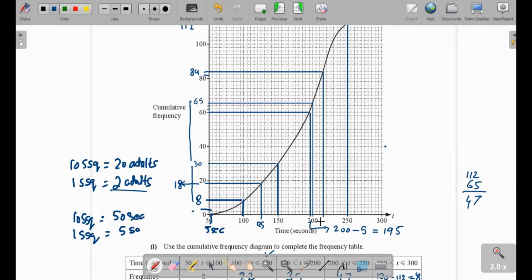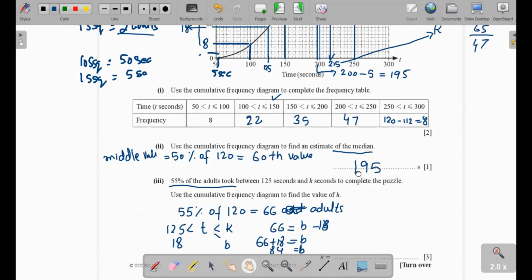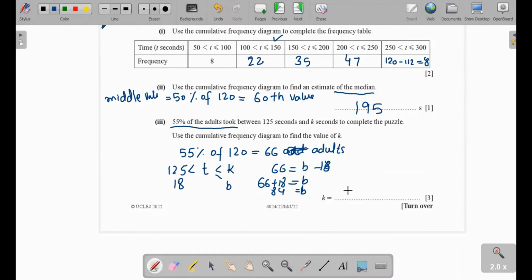Between 200 and 215, 15 is the value. That is B, and along this is K. K is 215 seconds. 215 seconds is the answer.